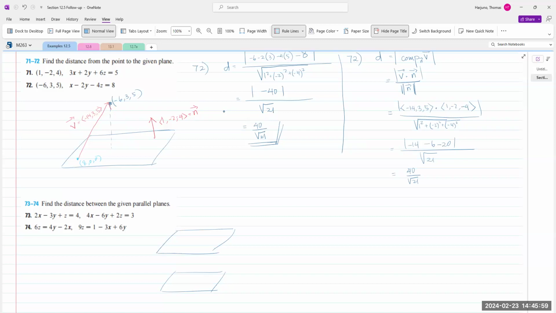Suppose this is the first plane, 6z equals 4y minus 2x, and 9z equals 1 minus 3x plus 6y. First rewrite them into equations that equal a constant.